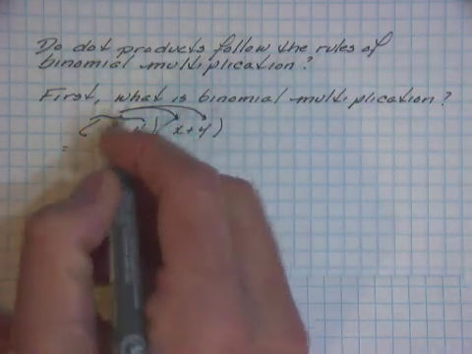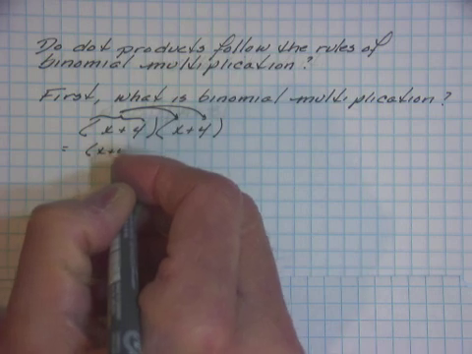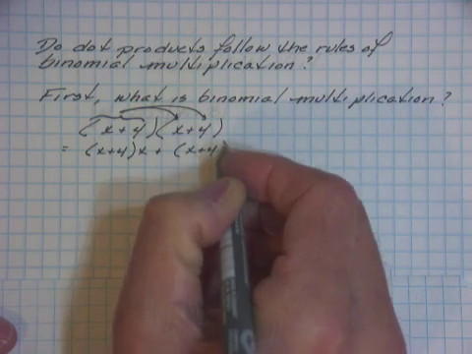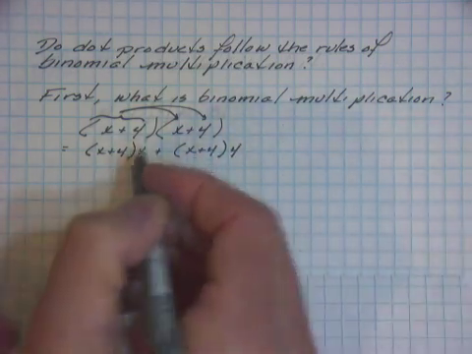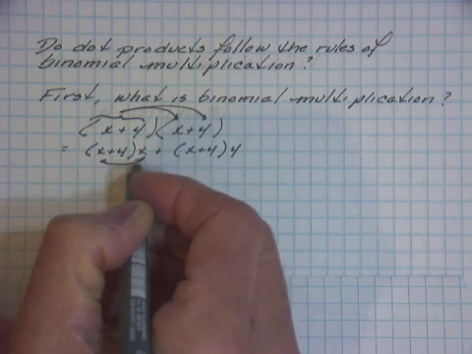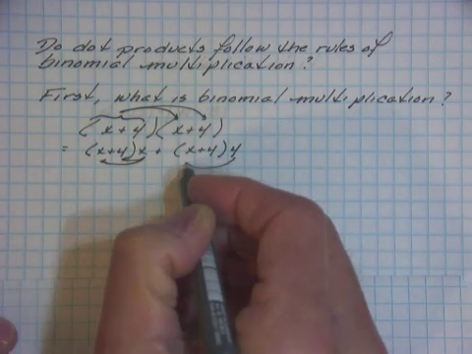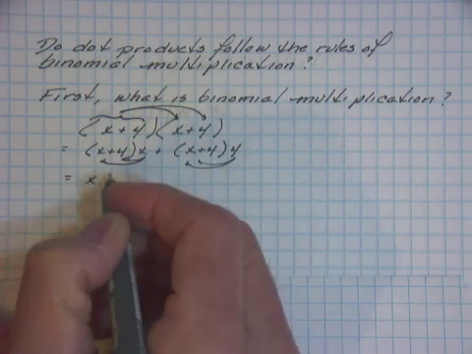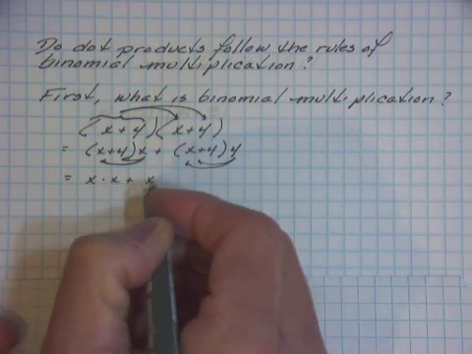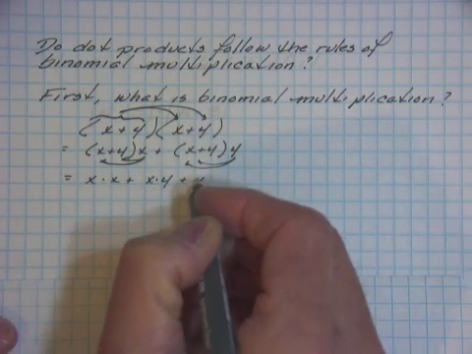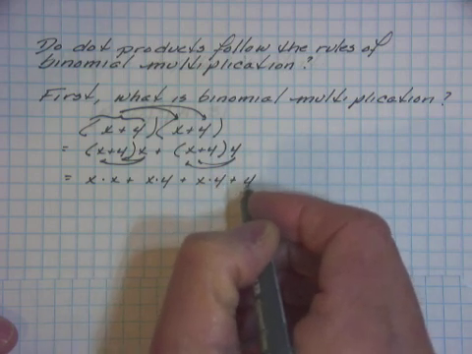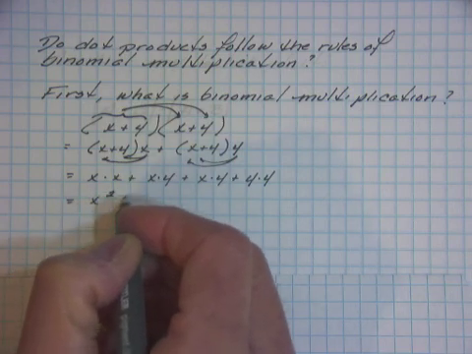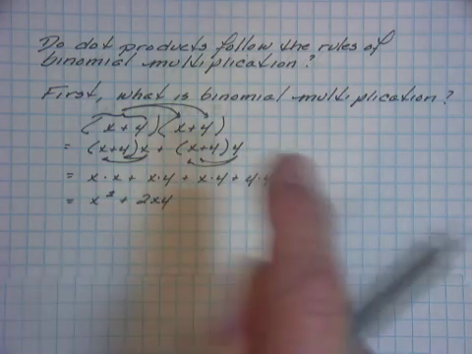So I'm going to take x plus y and I'm going to distribute it to the x and to the y. So this gives me x plus y times x plus y times y. Now, I'm going to distribute again. This time I'm going to distribute a single x in and then a single y in. Okay, so now we've got x times x plus x times y plus x times y plus y times y.